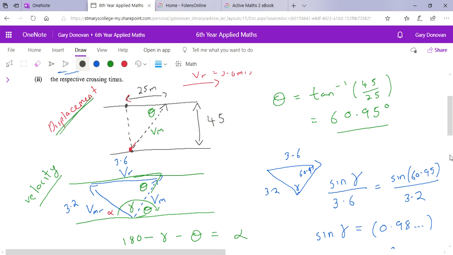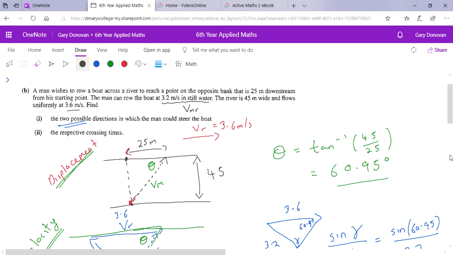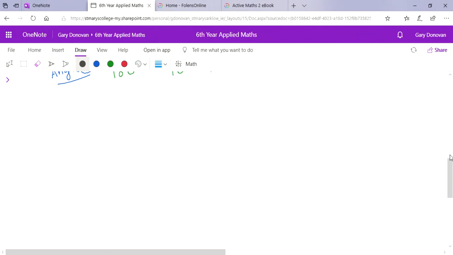So don't be afraid to draw a couple of diagrams, and that allows you to see the bigger picture. Part 2 is find the respective crossing times. So the man has a velocity of 3.2 meters per second, and for angle 1 he's heading at an angle of 39.49 degrees against the current.